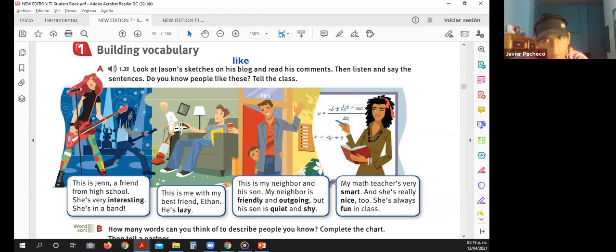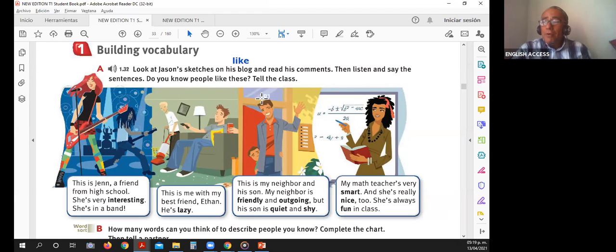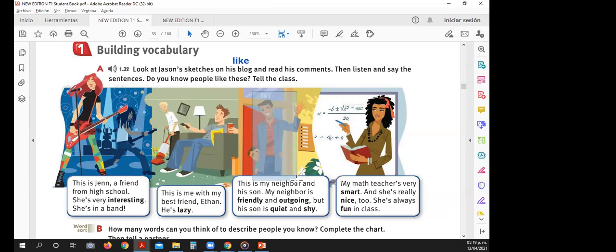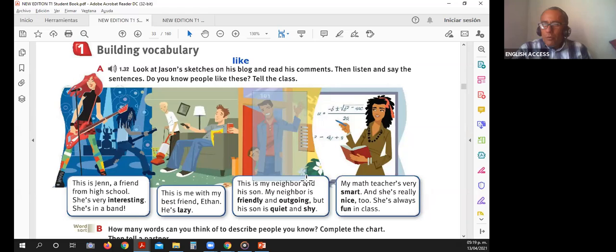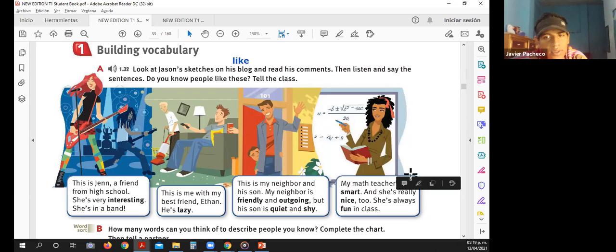In a home, in a house. And in number three, right here, this one is number three. At the door, yes. Maybe in a house too. And right here, finally, this one, number four. In the school, maybe in a classroom.